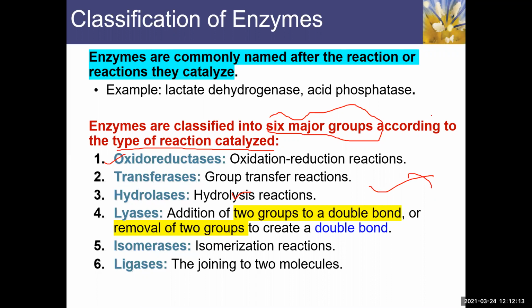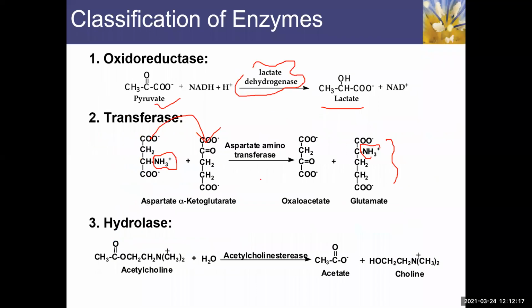Yes, so in hydrolysis we use water. As you can see over here, I used water over here, and look at this, that OH was added to the choline right over here. So this kind of reaction is hydrolysis. What kind of enzyme is acetylcholine esterase? It is a hydrolase enzyme.